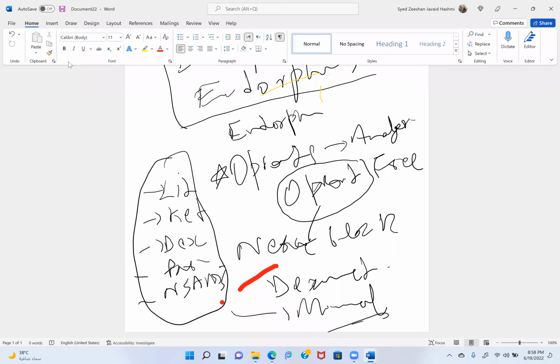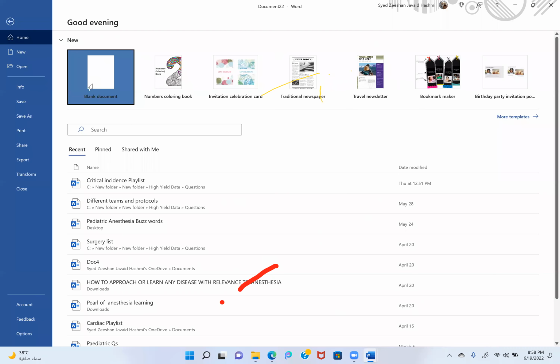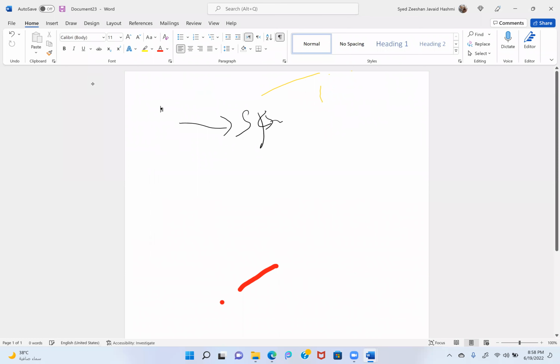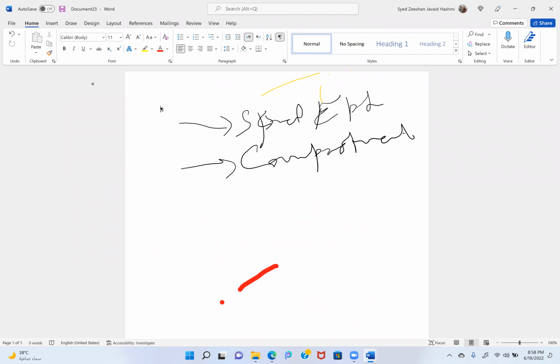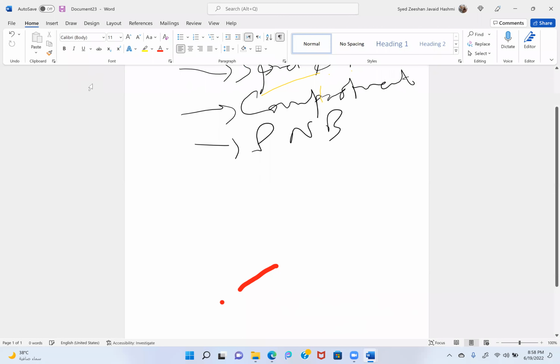Post-operatively, if you want to avoid opioids, you just give a nerve block: spinal or epidural, a compartment block, or a peripheral nerve block. So this is the basic theory of pain, which I have tried to simplify. The basic system is that you block the different steps of the pain pathway.